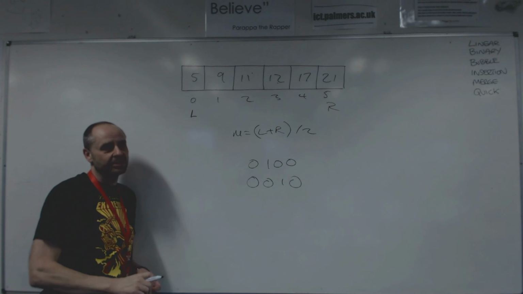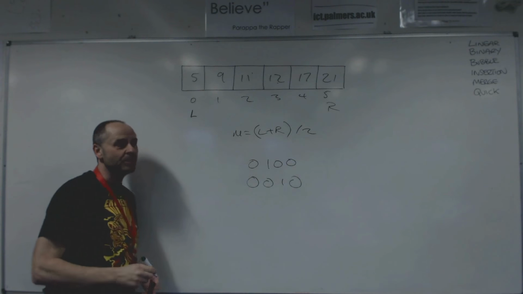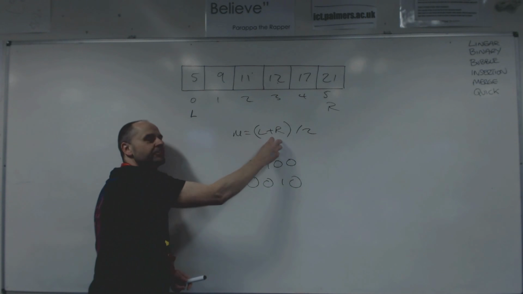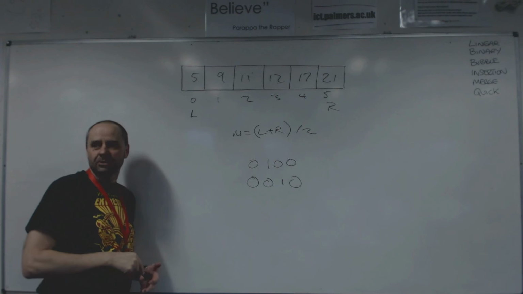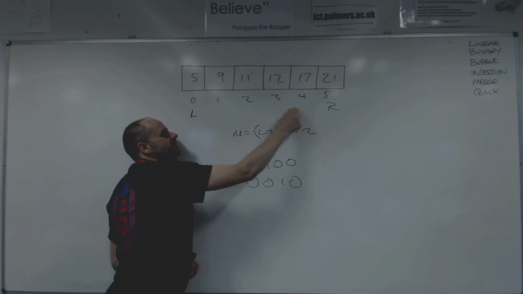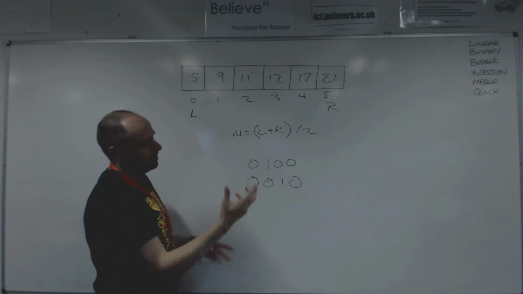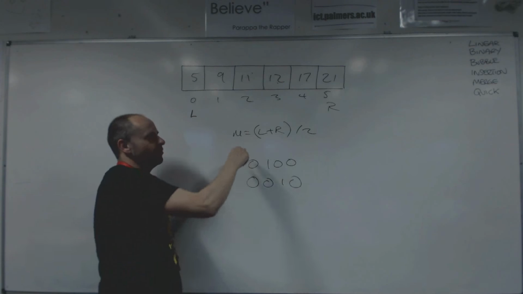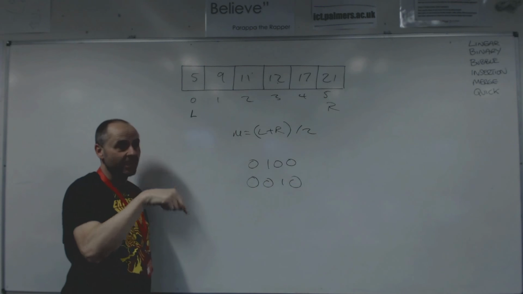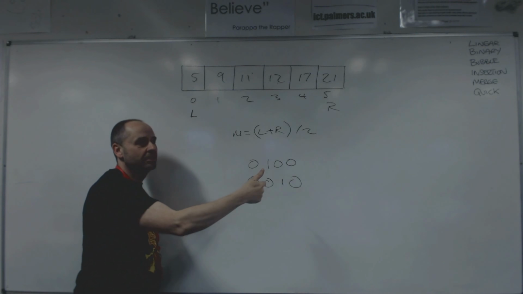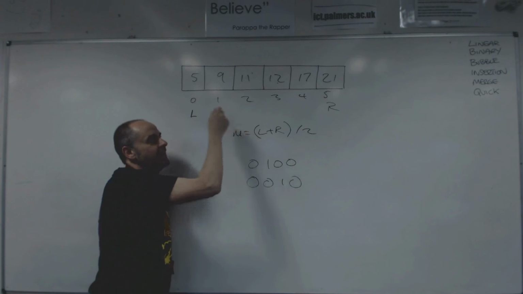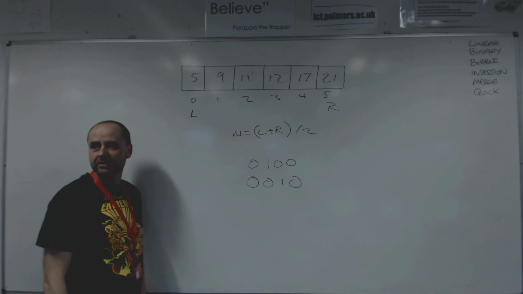That's a quick operation. So division by 2 is quick, and addition of two whole numbers, integers, is quick. So even though this looks like there's quite a bit of maths involved, not much, it is still going to take longer. There are 2 operations rather than incrementing, which is what you do with the linear search.